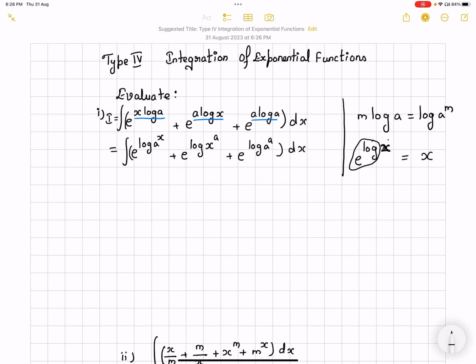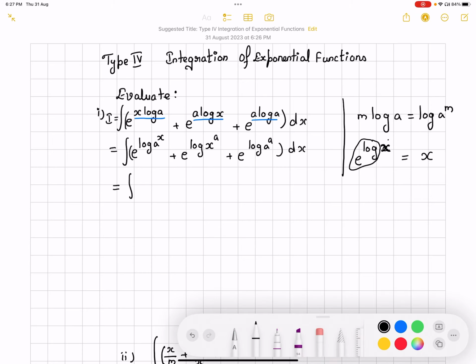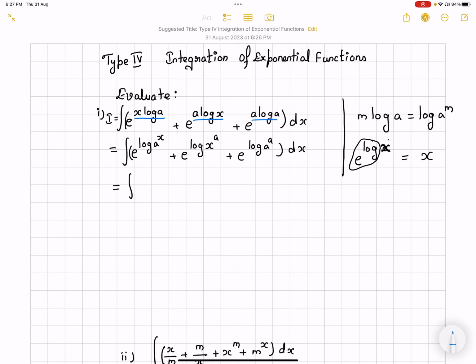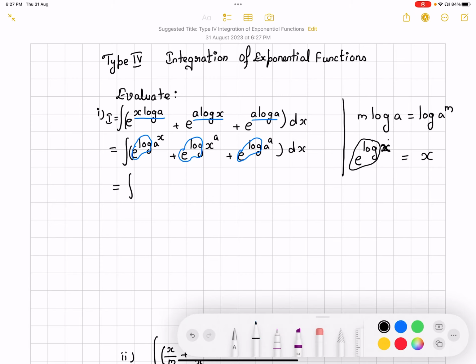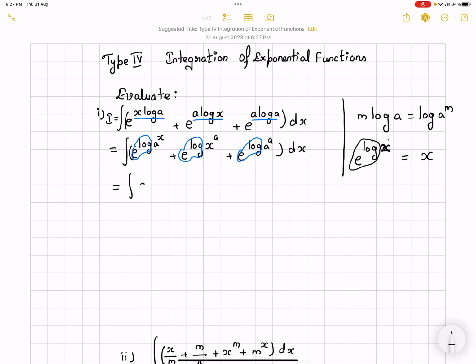So the e and log vanish, and we are left with just a power x here, x power a here, and a power a here. So after applying the identities of logarithms, I would be getting something like this: a power x plus x power a plus a power a, dx.